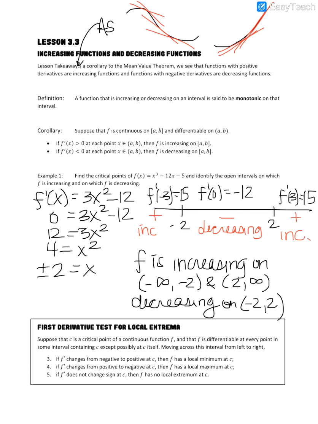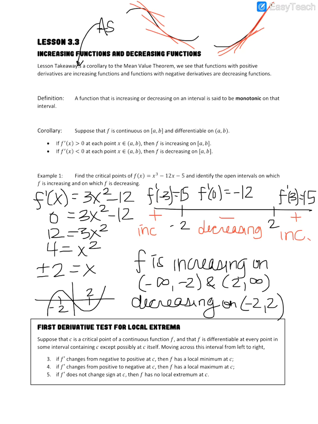And if you were to look at this function, you would see that it is a cubic function. Looks like this. I actually don't think it goes through 0, 0, but you can see here increasing, decreasing, increasing in those intervals.